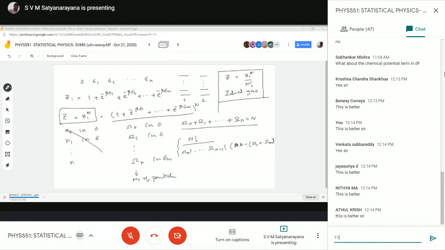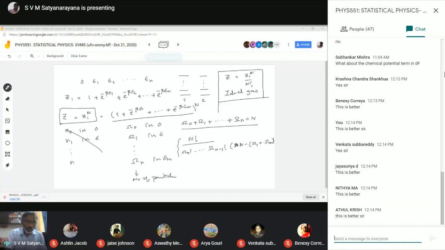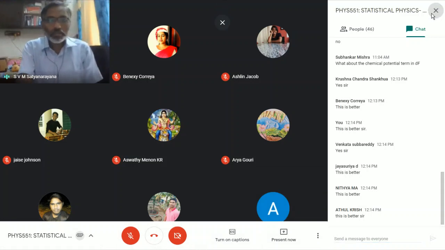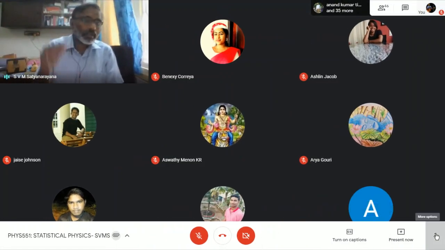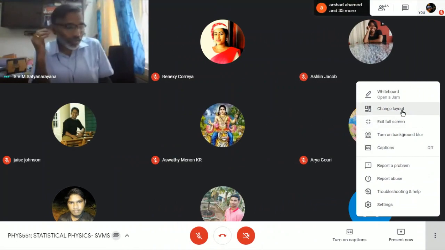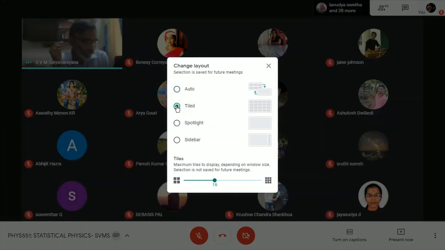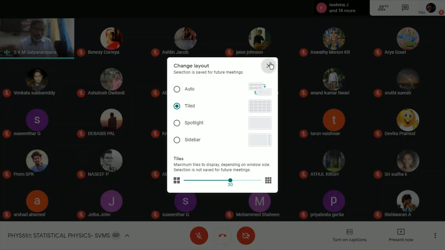So then we should probably continue 1 or 2 classes like this. And so today's whole class, I only try to look at what is called the 2-level system. If you look at some of the questions you will see in these competitive exams, they will be more or less on these 2-level systems.